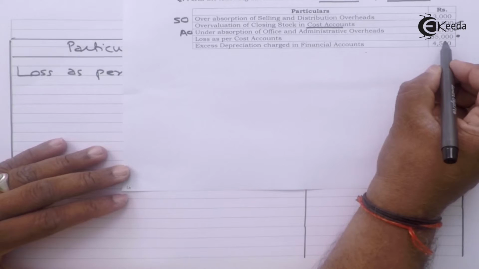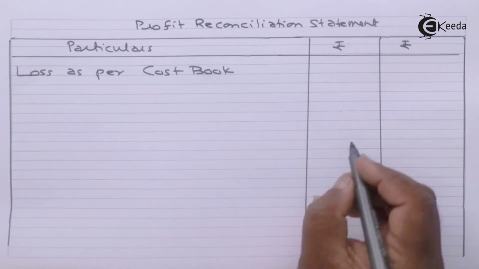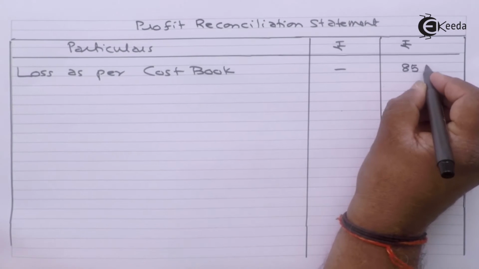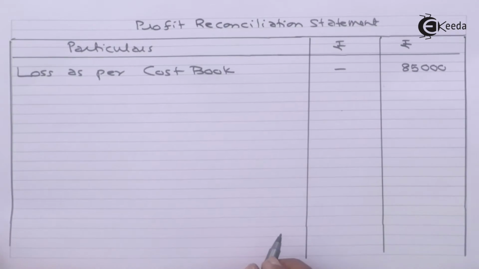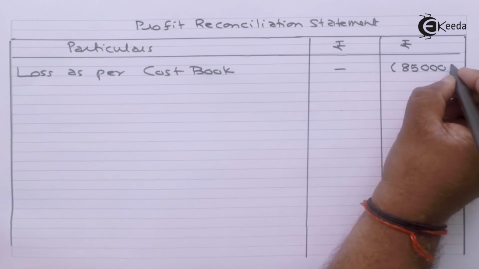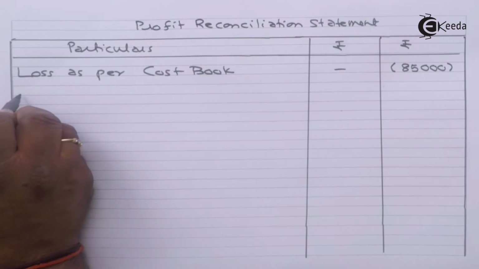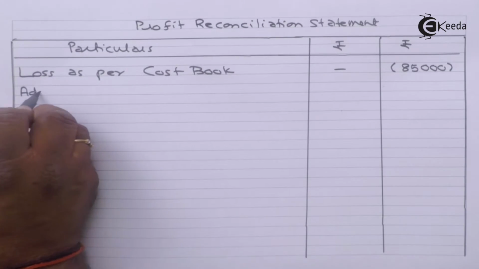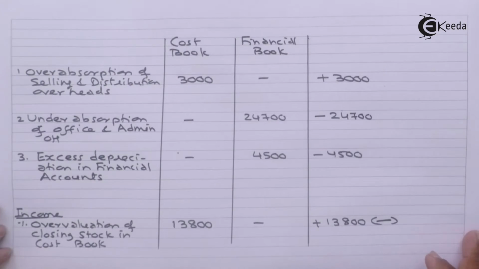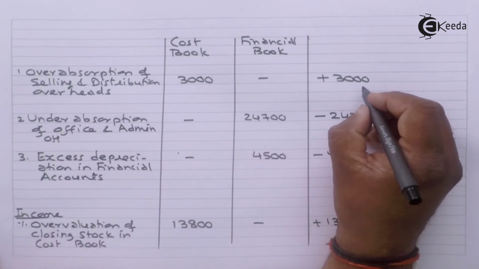Loss as per cost account 85,000. This will be the starting point. In second column we have put 85,000. As it is a loss, it is a negative figure, so we are putting a bracket over here. To this we will be adding over absorption of selling and distribution overheads 3,000.